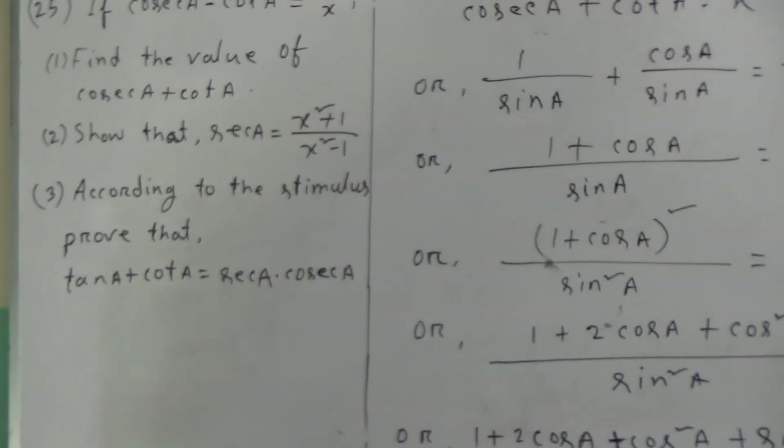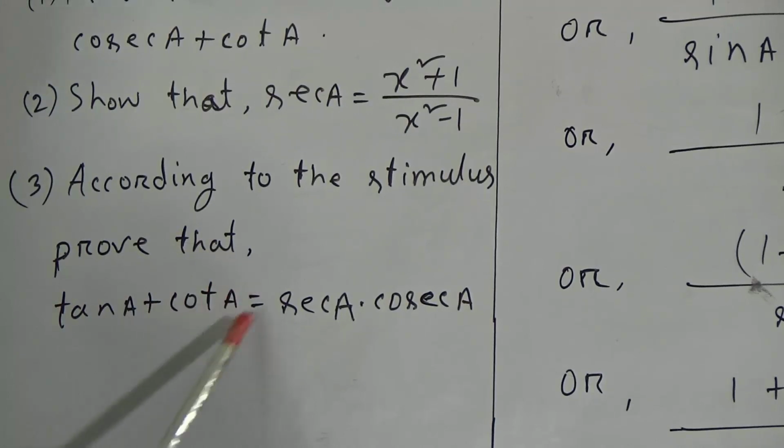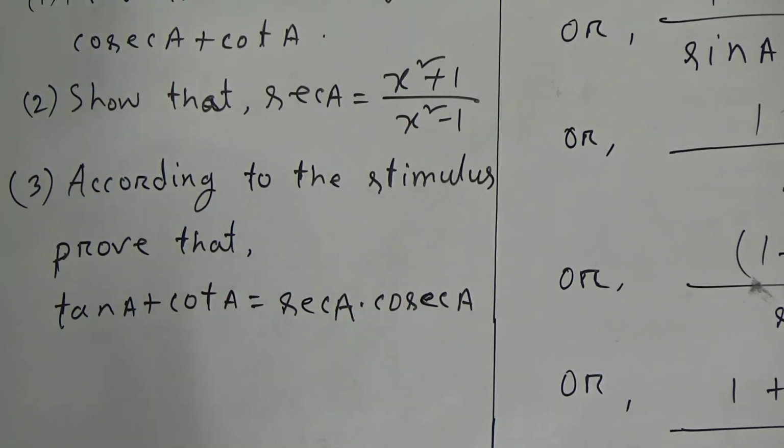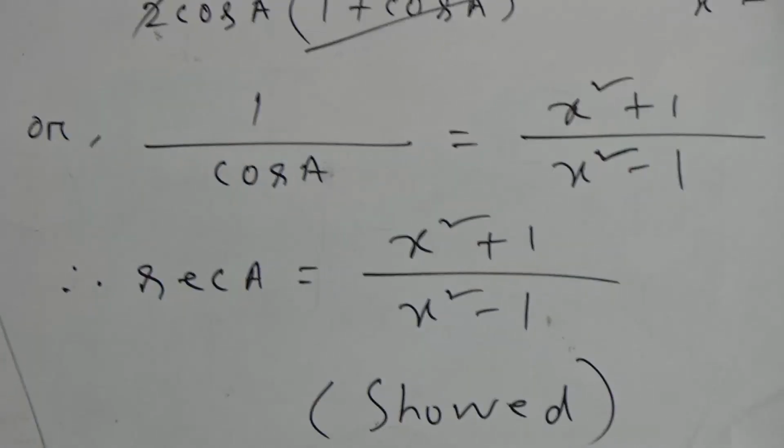Here the question number 3, according to the stimulus, is to prove that tan A plus cot A equal to sec A into cosec A. For proving this we will use sec A equal to x square plus 1 divided by x square minus 1.